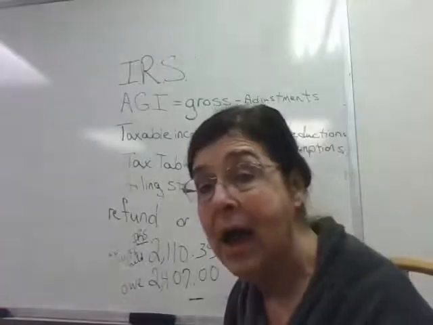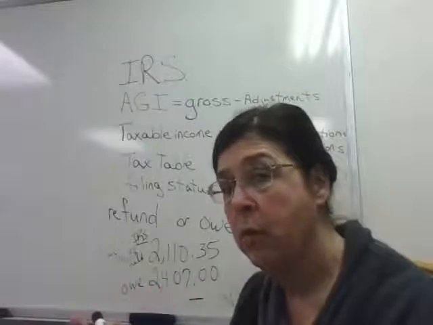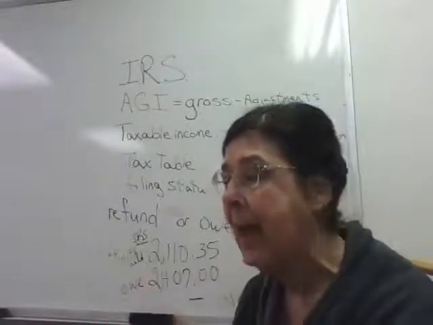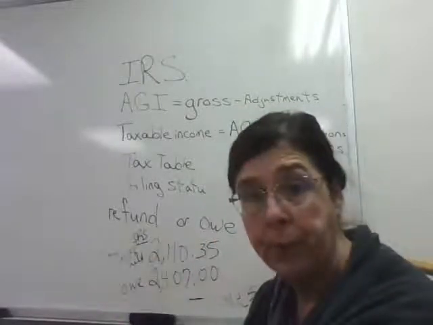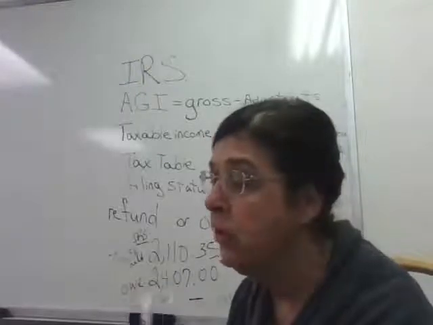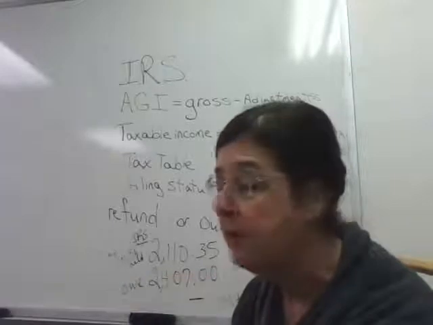For number 9, you will have refund or owe as your first answer, space, and then the amount of your refund or how much you owe. So in each of these categories, you're going to plug in the numbers in order the way they are in the book.